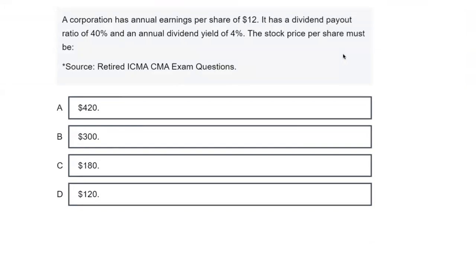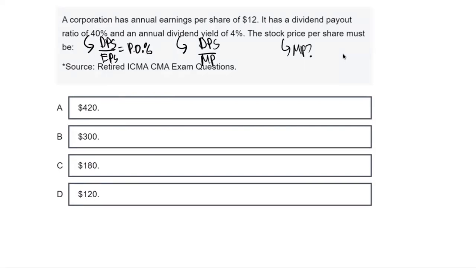Pag sinabi nating dividend yield, that would be our dividends per share divided by the market price per share. At ito yung tinatanong, di ba? The market price. Tapos pag sinabi nating dividend payout, remember our formula a while ago? Out of our earnings per share, ilan yung ating dividends per share?